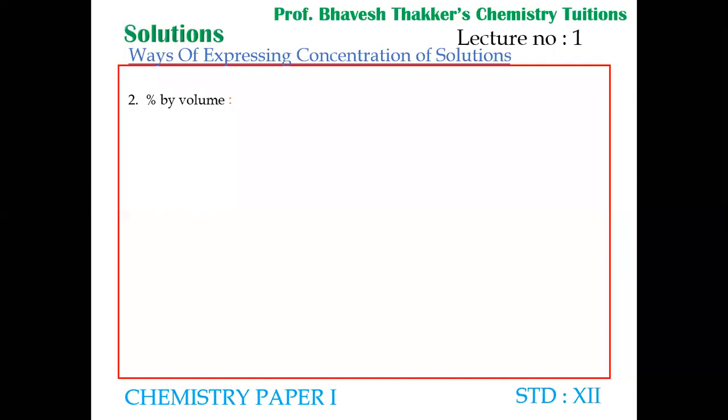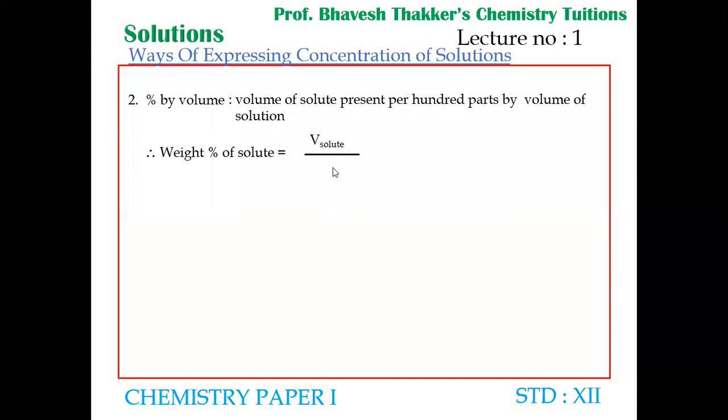Come on, same way, fast. Yeah, correct. Volume of solute upon volume of solution into 100. Great. Very good, Rishabh. Okay. So it is volume of solute per 100 parts by volume of solution. Volume of solute upon volume of solution into 100.